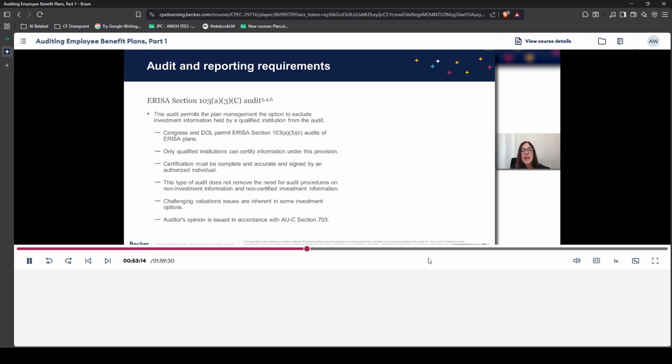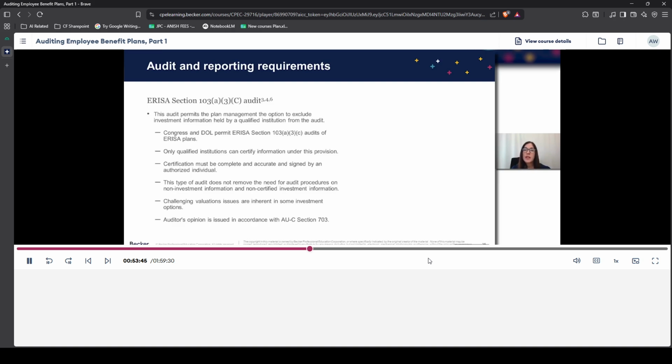Now, as I was saying, that ERISA Section 103(a)(3)(C) audit is one in which the management of the plan elects to exclude the investment information that's held by the qualified institution from the audit. They would then obtain a certification from that qualified institution that says that the investment information is complete and accurate.